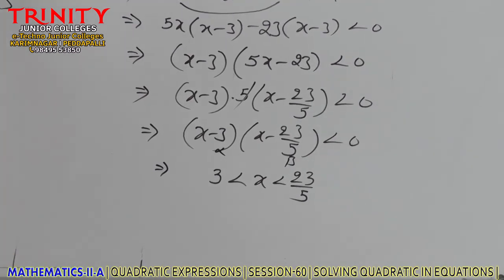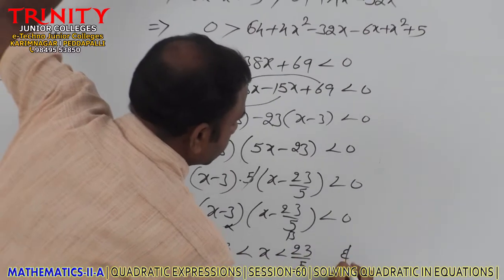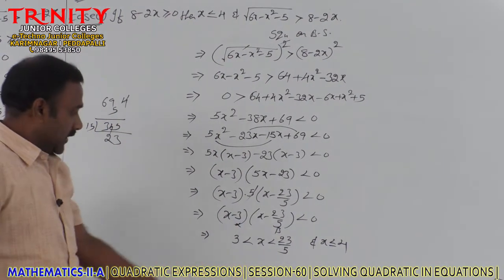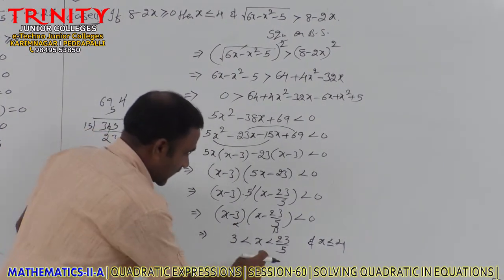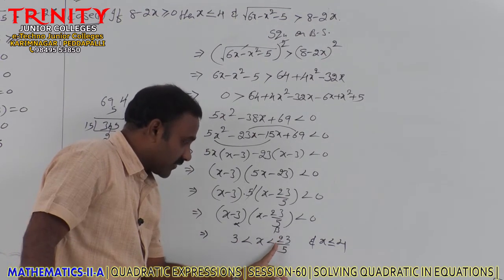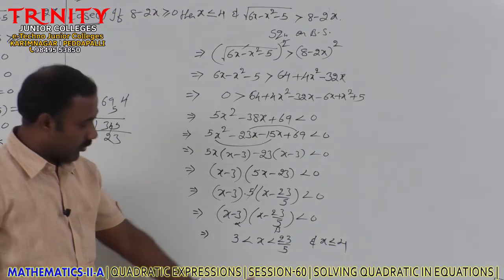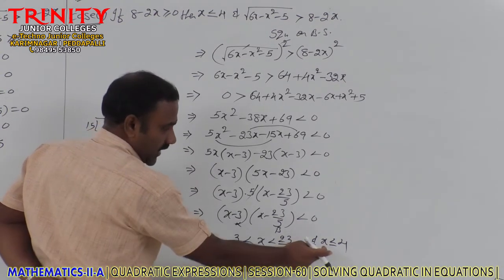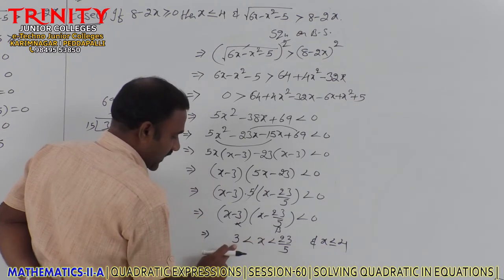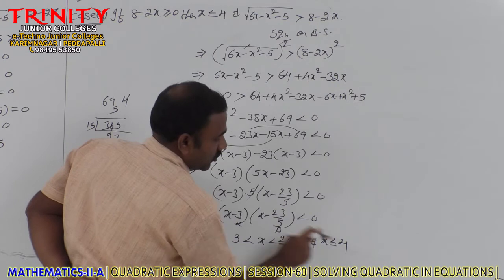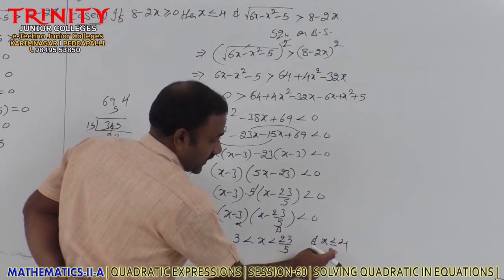And here we have x less than or equal to 4. 23 by 5 is nothing but 4.6, which means 4 is included. Here also we have 4 included. Therefore 3 less than x less than 23 by 5 and x less than or equal to 4.